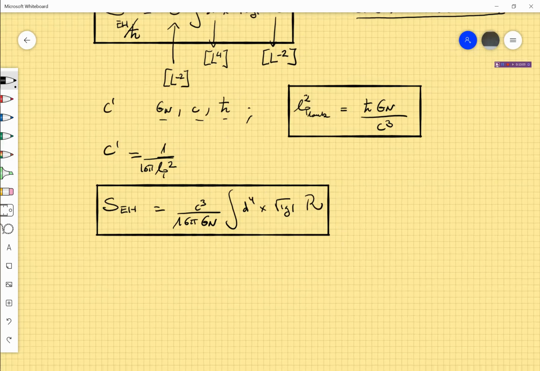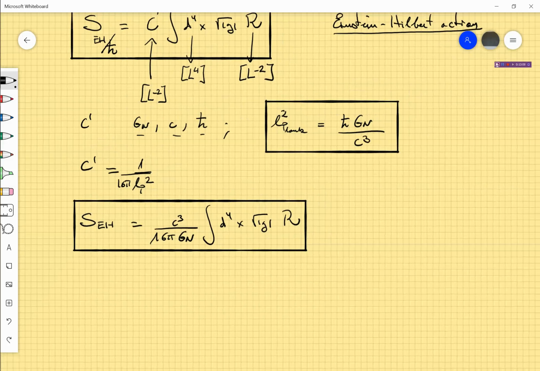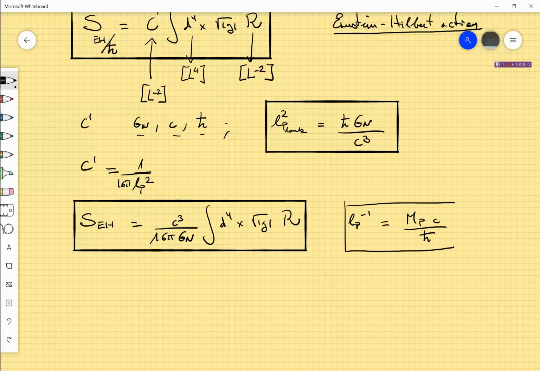Another constant that is used in natural units is the Planck mass, and this is a relation that we would like to have. So this is the Planck mass times c divided by h bar. In natural units, L_P is just the inverse of M_P, the Planck mass.